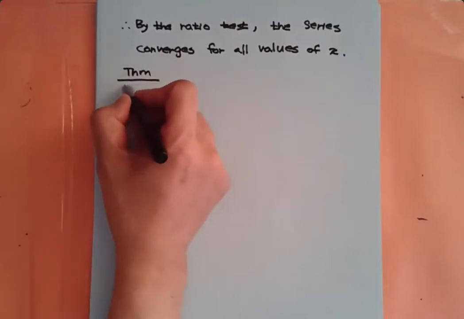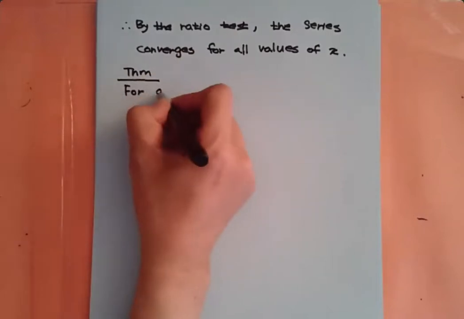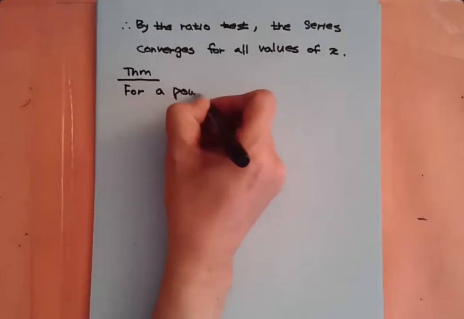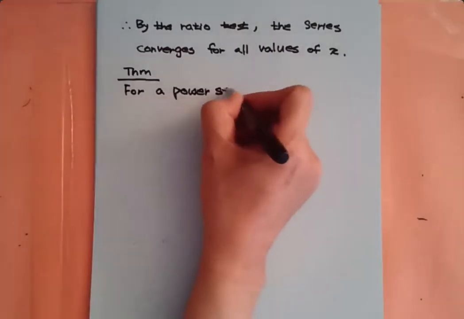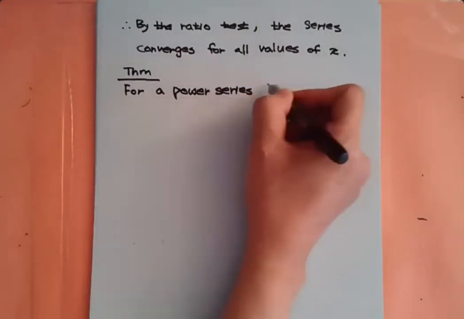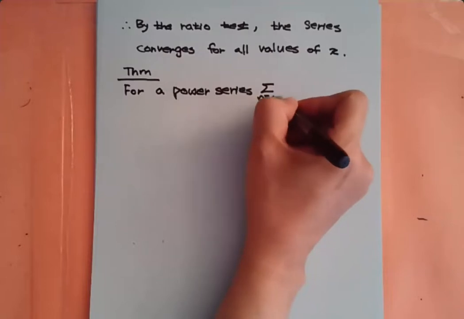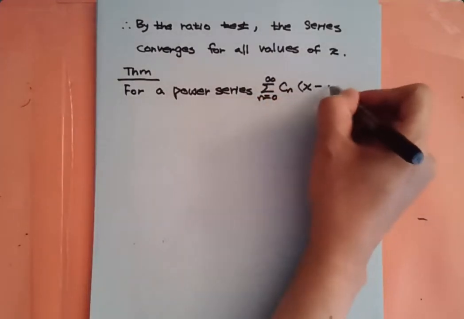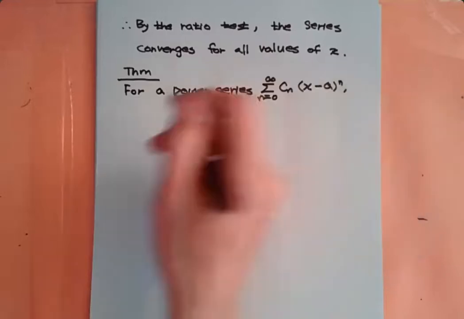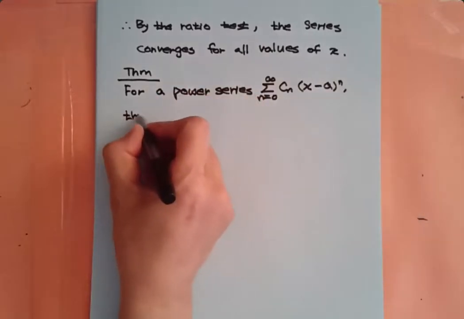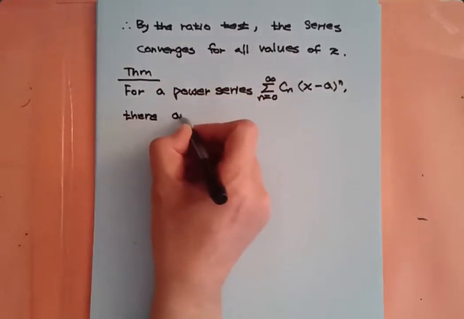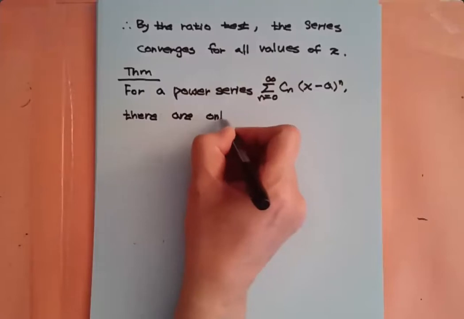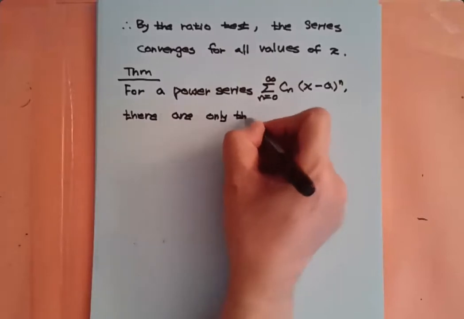The next statement is that for a power series, the summation n equals 0 to infinity of Cn times (x minus a) to the n power, there are only 3 possibilities.